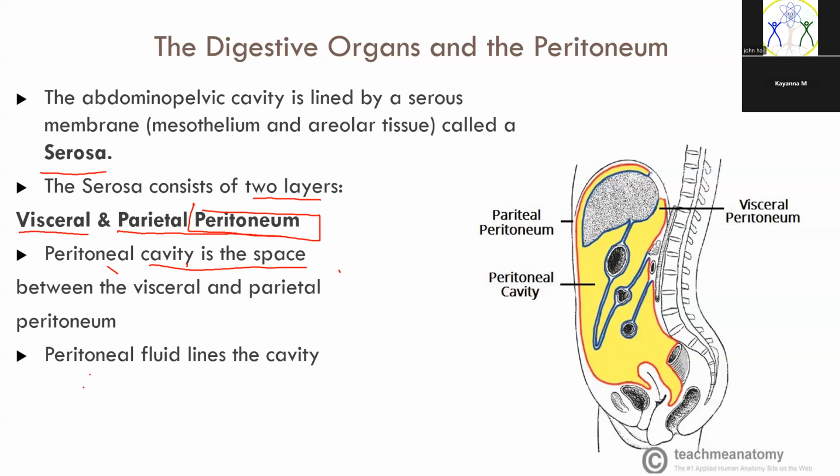Now, that's why it says your peritoneal fluids line the cavity. Now, obviously, in the lungs, it was pleural fluid, which of course was important for lubrication. In your digestive system, which is lined with peritoneum, it is going to be peritoneal fluid. But functionally it's the same stuff. But of course, we named it differently because it's in a different place, right?